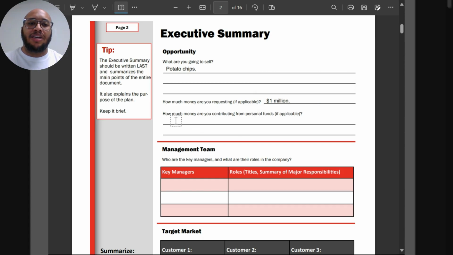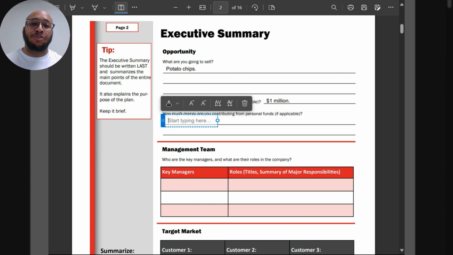Now, how much money am I contributing from my personal funds? Some of us, this number might be zero, especially if you grew up like me. You were on the lower end of the economic scale. You were in the military because you were poor and you needed something. So if you were like me, then you'll say zero.